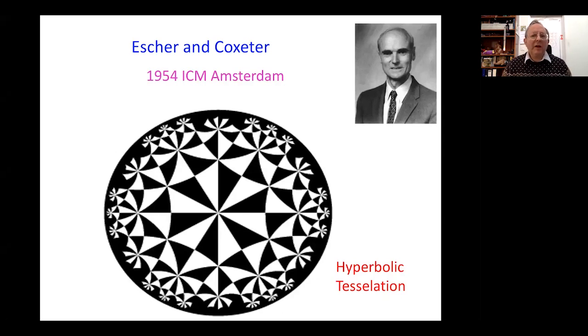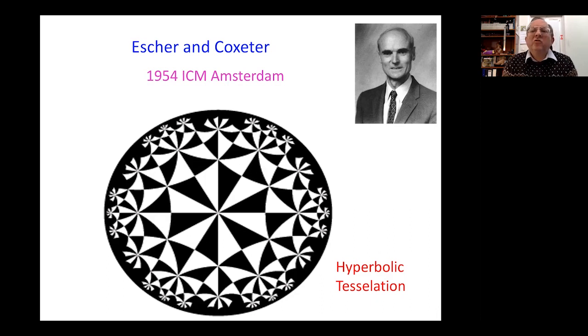And one thing that really intrigued Escher was how you could visualize notions of infinity. And he was greatly impressed by a picture that occurred in one of Coxeter's papers.